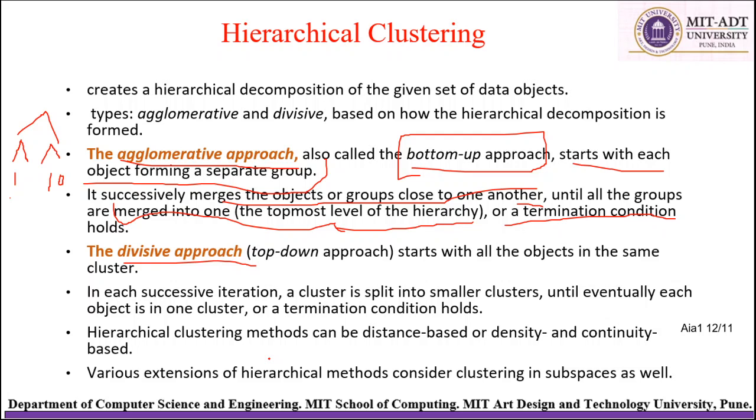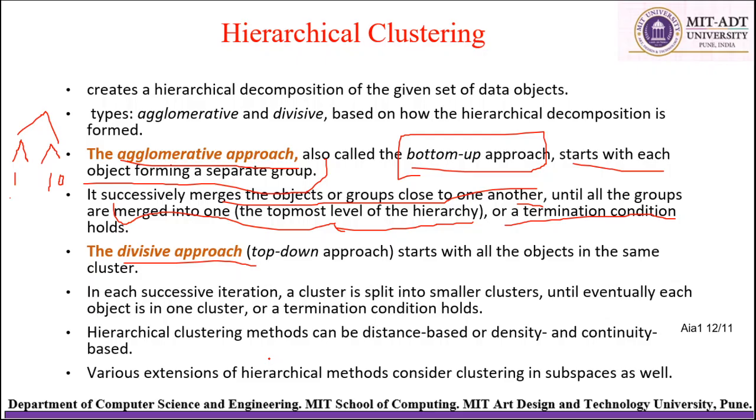The second type of hierarchical clustering is the divisive approach or divisive clustering. This clustering is also called the top-down approach. The top-down approach, obviously, starts from the top, so all these objects are considered part of a single cluster at the start, and then successively at each iteration we split these larger clusters into smaller clusters.